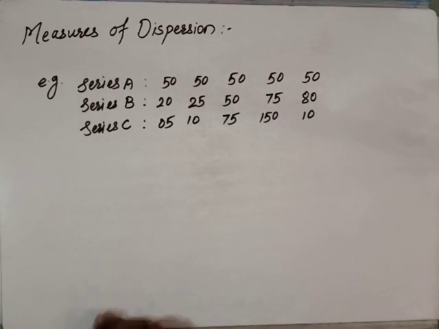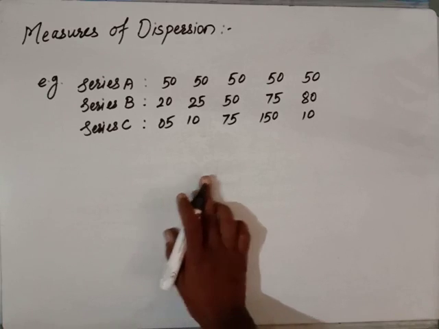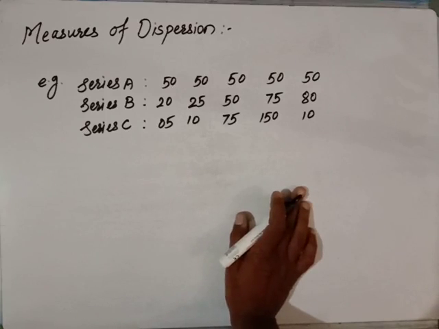Now if we calculate the mean of these series, we get that the mean of all three series is 50. But you can see these are different series, and the observations are also different.